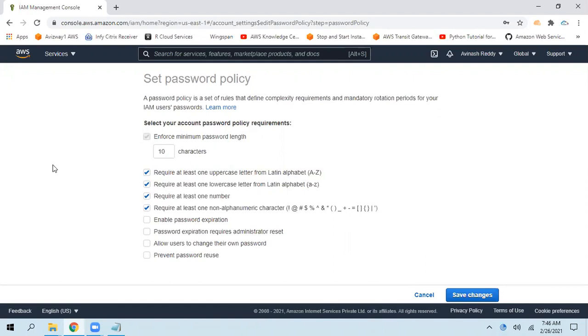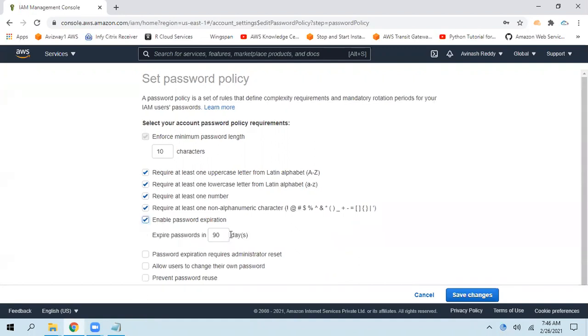Now, along with that, enable password expiration. In organizations, we enforce password expiration every 60 days or 90 days. Whenever we select this, the default is 90 days. Say every 60 days, the existing password is going to expire and the user needs to create a new password.